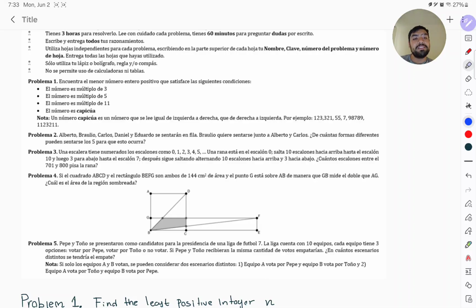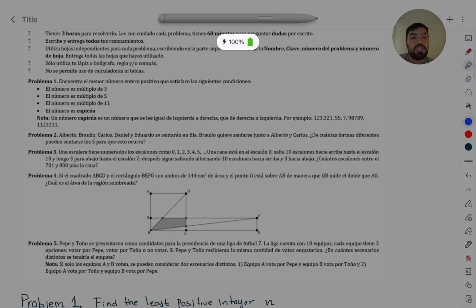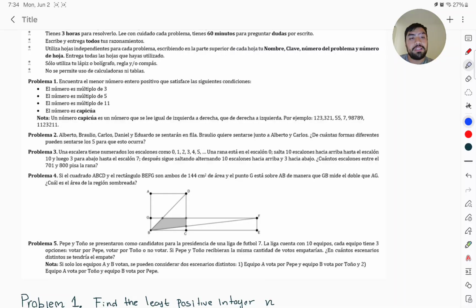And yeah, this is not an edited video. I just wrote down the problem, and I just wanted to share with all of you this solution.